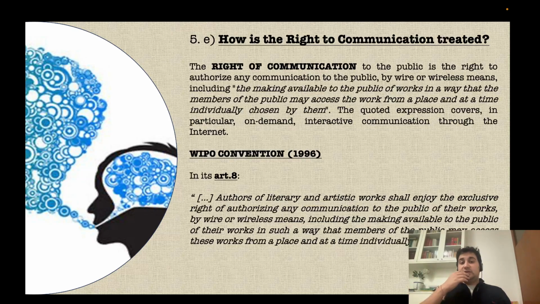This one was thought actually for televisions, but then it had been poured into the treatment of hyperlinks, right, of communication in relation to hyperlinks and the internet itself. So you see how much, right?